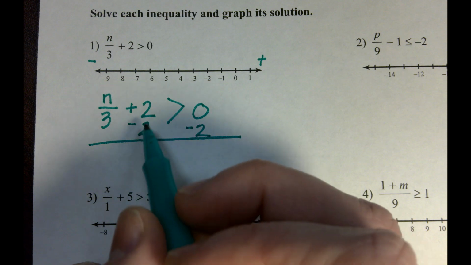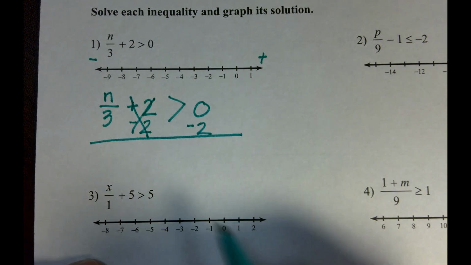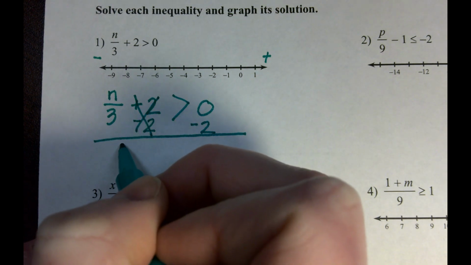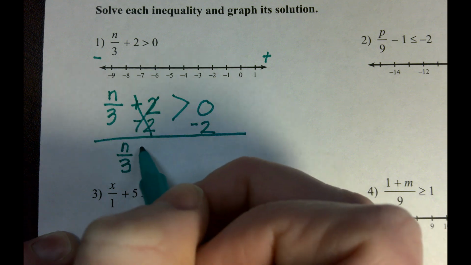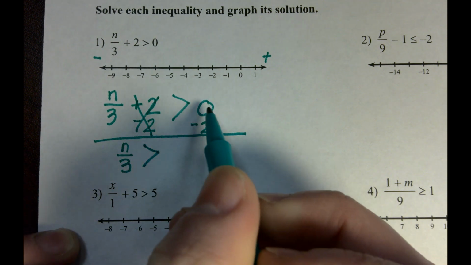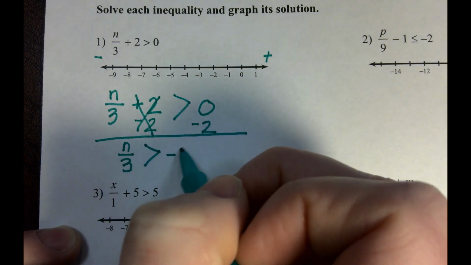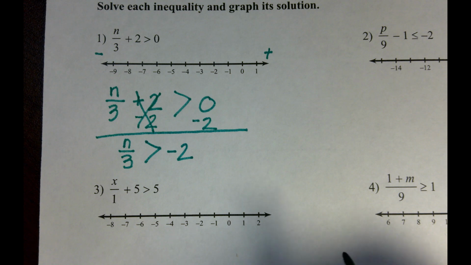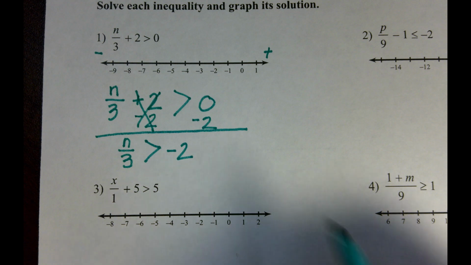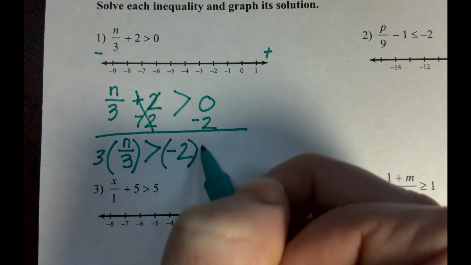That will do what with my 2's? Cancel them. Good. So then we'll bring everything else down. Got N divided by 3. Bring down greater than. And what is 0 minus 2? Negative 2. So what would I need to do next to get n by itself? Good. We're just going to multiply by 3 times 3 on both sides.